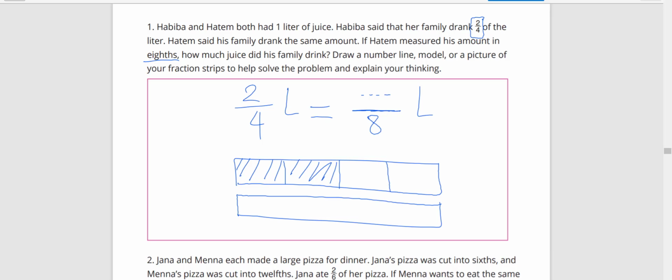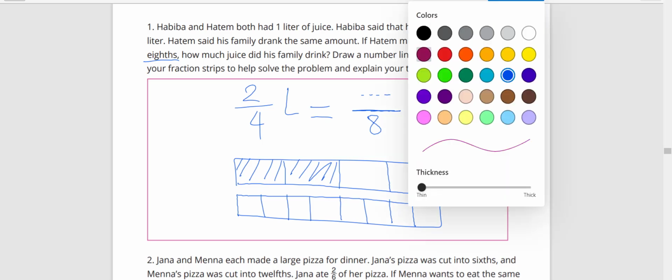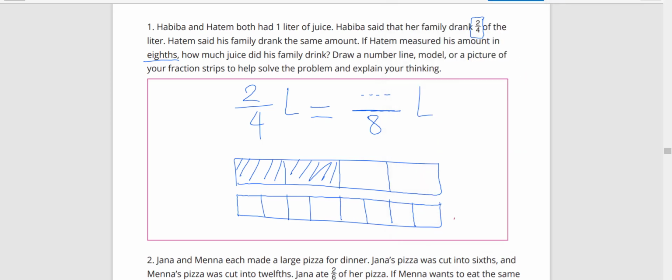So divide the bar into 8 equal parts. Now we should have the same amount, so we should reach the same place here. So we should color 4 parts of 8 parts. So 2 over 4 equals 4 over 8.